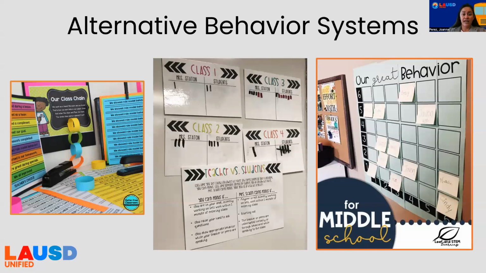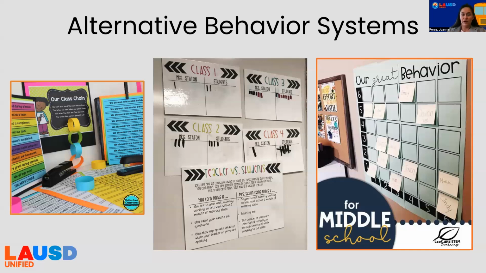And in our last example, our great behavior chart off to the right. As we see students in our classroom exemplifying rules or expectations, when we use this chart, we would give students a Post-it note. The student will then write their name on the Post-it and then put it on the grid.